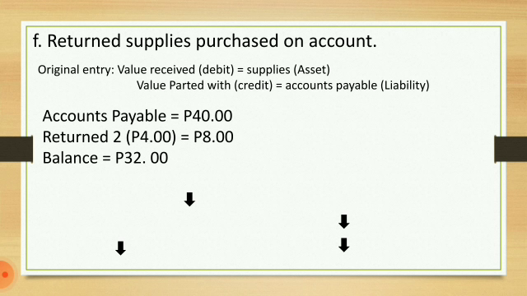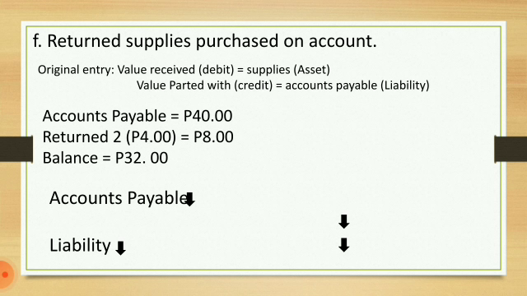You returned, let's imagine you returned 2 sachets and each sachet costs 4 pesos. So that's a total of 8 pesos. So 40 minus 8 is equal to 32 pesos. So what happens to your accounts payable? Therefore, your accounts payable is decreased.